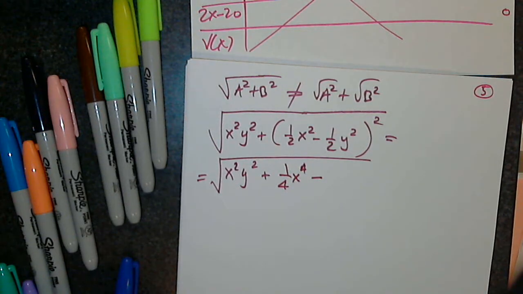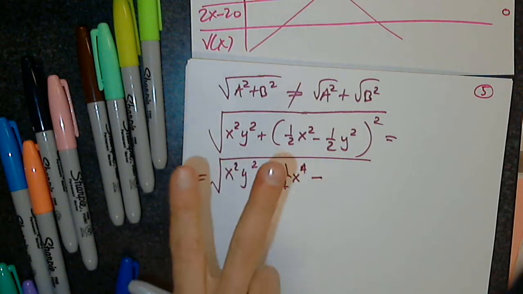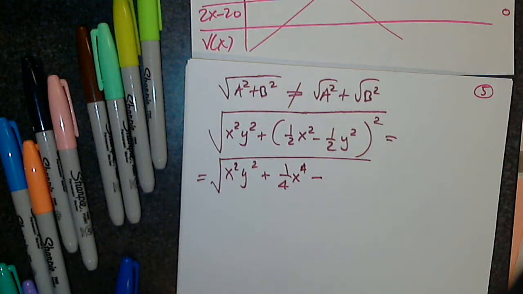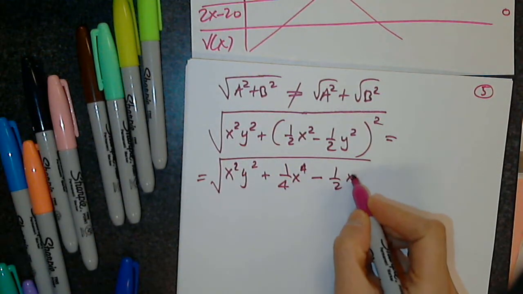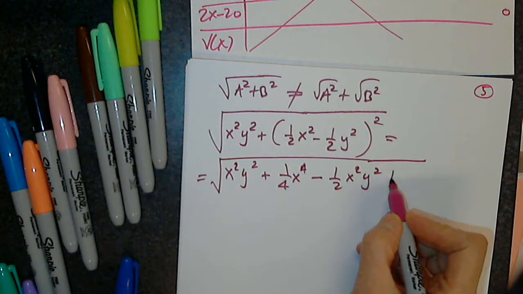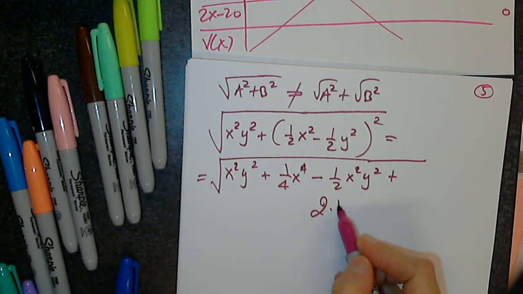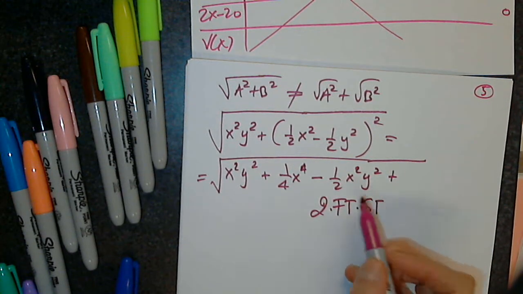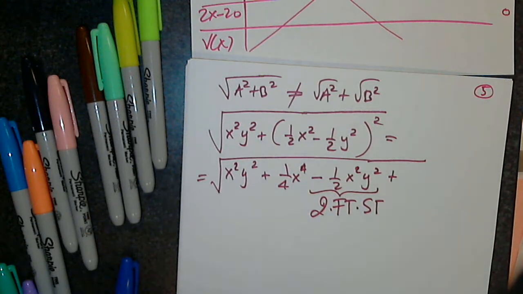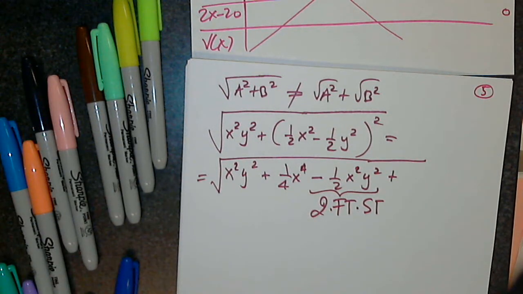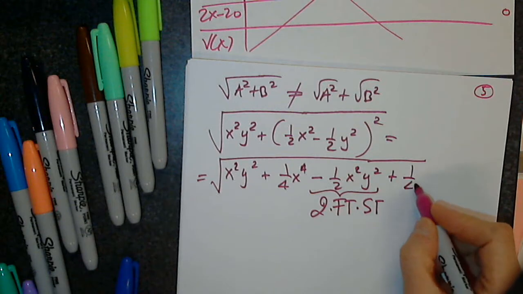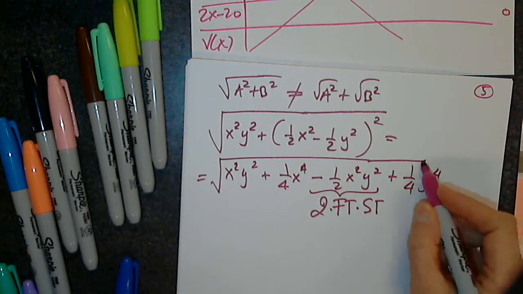Minus 2 times the first times the second. 2 times 1/2 is 1. So this is minus 1/2 x squared y squared plus the second term squared. Y to the fourth. Very good.